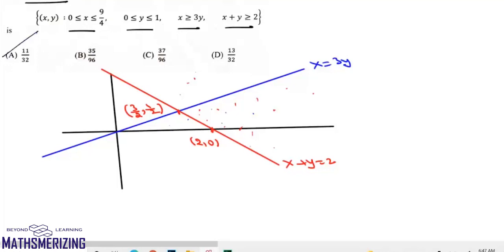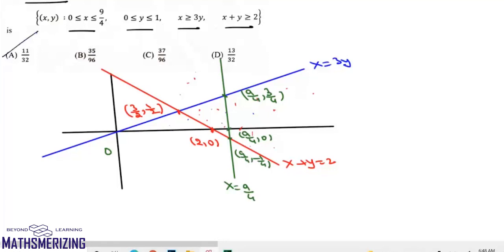So x should lie between 0 and 9 by 4. Now this point here will be 9 by 4 comma 0, and this point will be 9 by 4 and 3 by 4. And this point, if we put x as 9 by 4, we'll get y as minus 1 by 4. So this point will be 9 by 4 and minus 1 by 4.